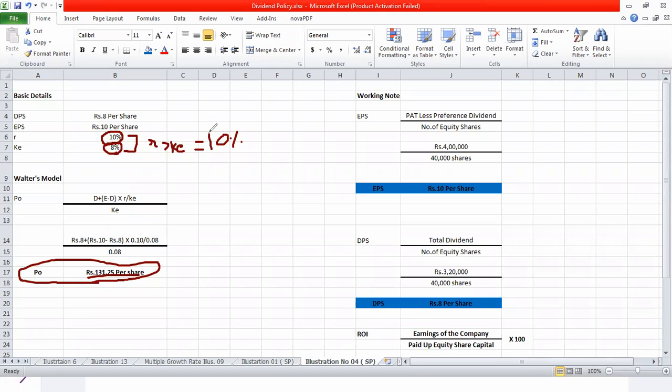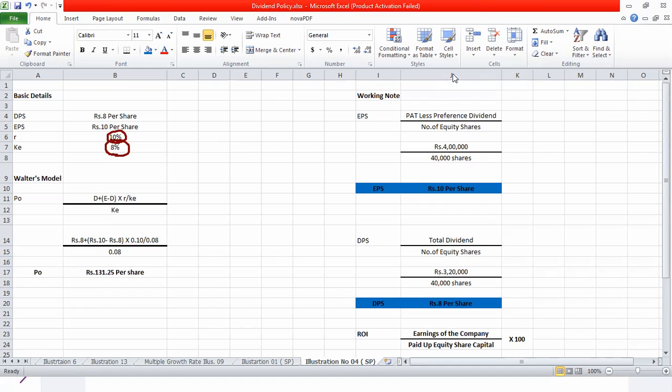So if the company does not pay any dividend, if you keep the dividend zero, your share price will be more than 131.25. So the optimum payout ratio should be 0 because here R is greater than K. In such a situation, it is always better to keep the dividend payout ratio at 0 percentage so that the share price can be increased, because the actual return earned by the company, 10 percentage, is more than the expectation of the shareholders.